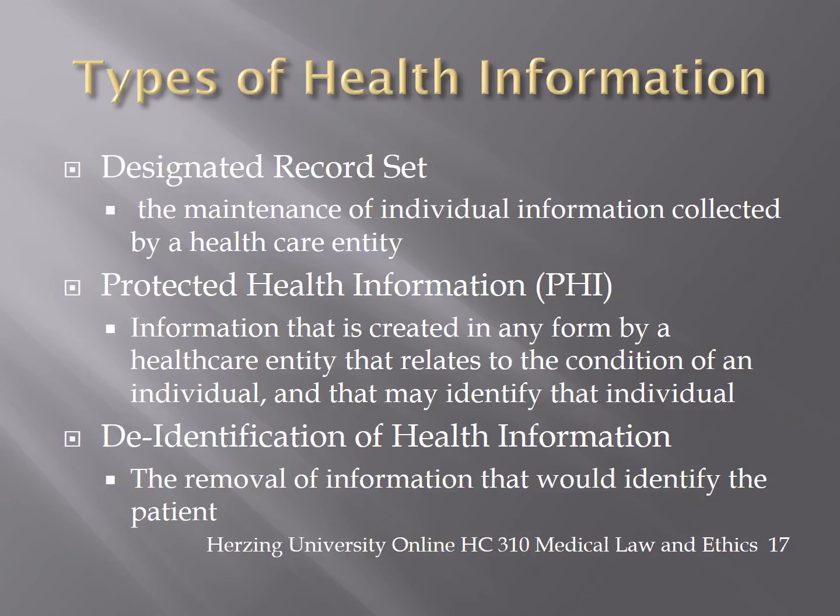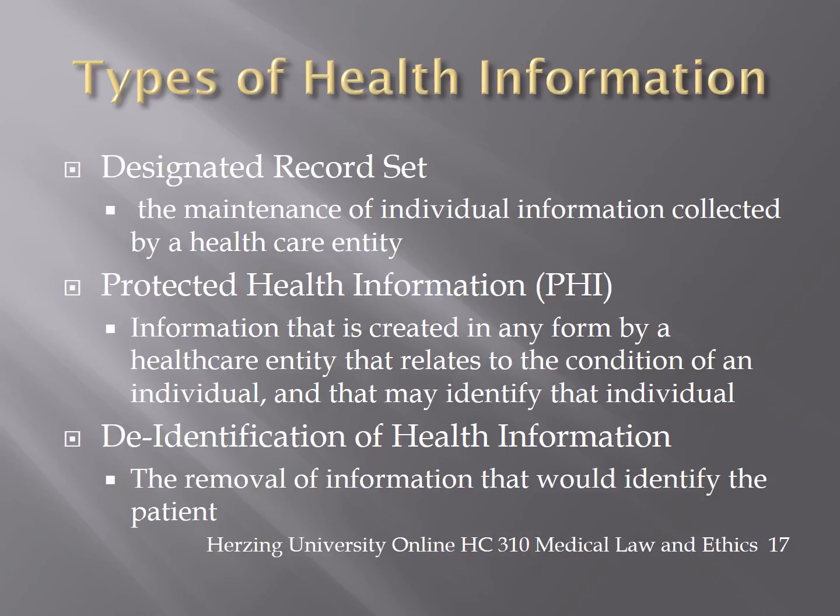Types of health information. The HIPAA privacy rule defines the designated record set as the individual information that is collected and maintained by a healthcare entity. This includes the PHI of the individual. Protected health information, or PHI, is any individually identified health information as determined by the HIPAA privacy and security rules.